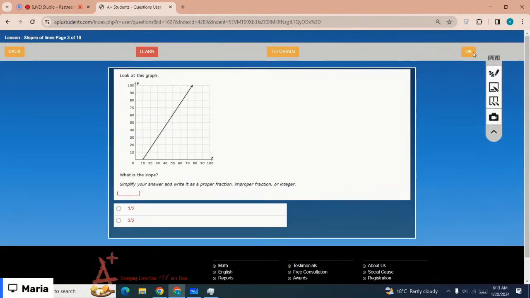Okay, what is the slope? Now you can evaluate the slope and write the correct option in the chat box.